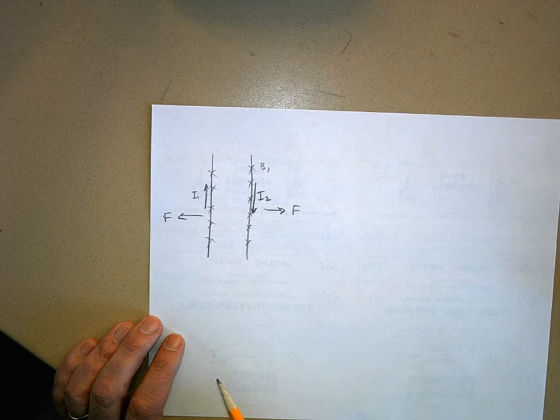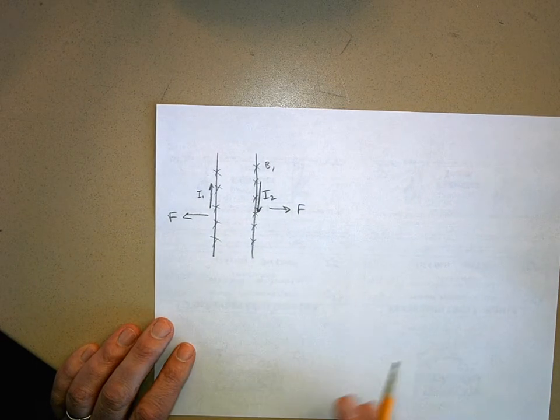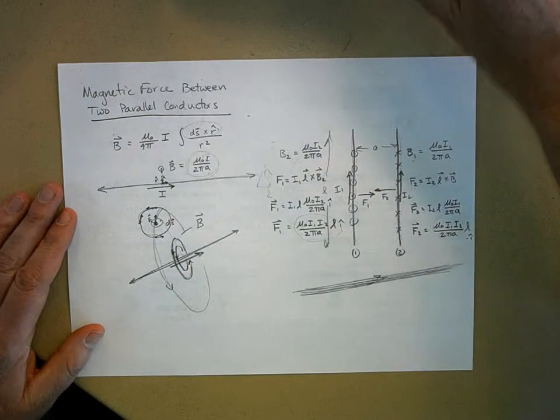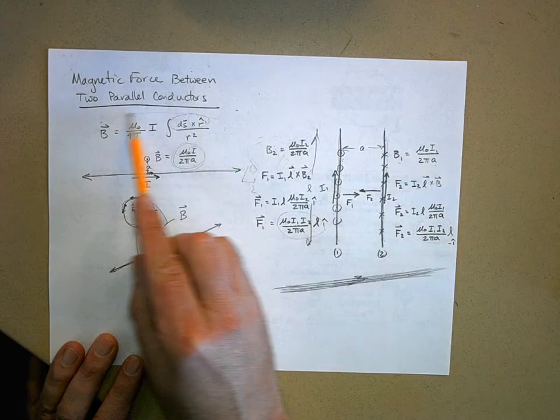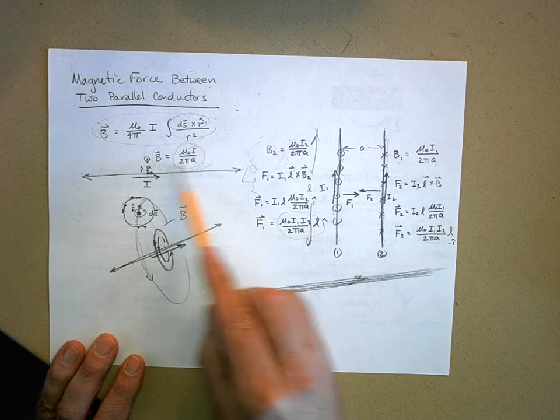And so that's what's going on with parallel conductors. Here's the whole thing. Remember that it all comes from Biot-Savart. From Biot-Savart, for long straight wires, you can derive this equation.